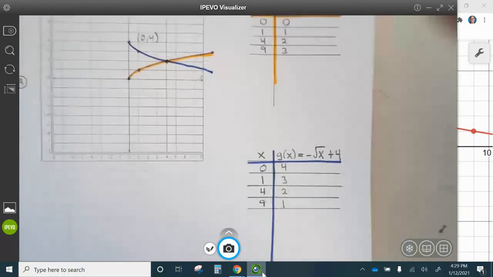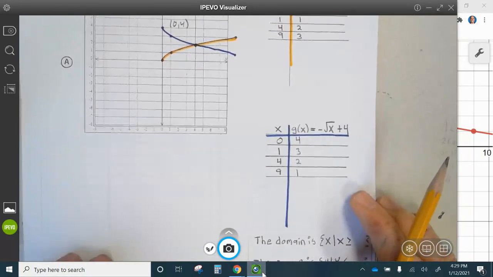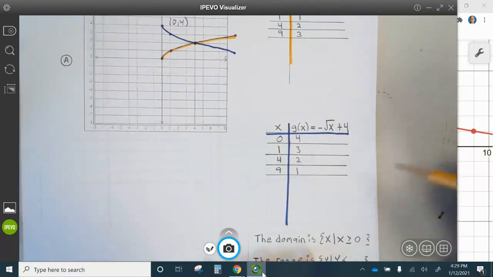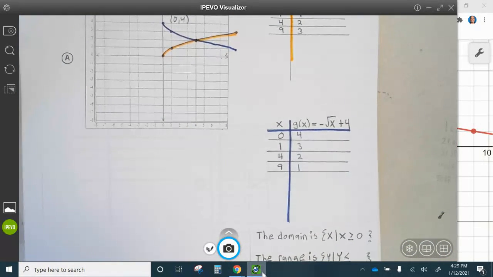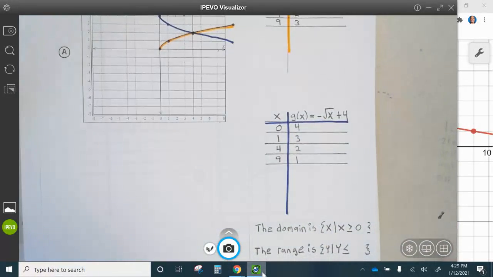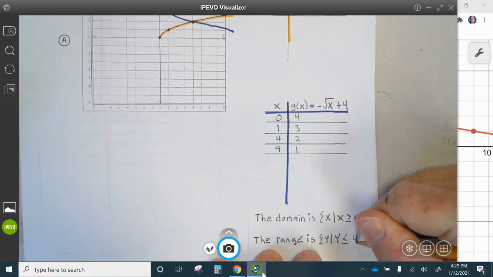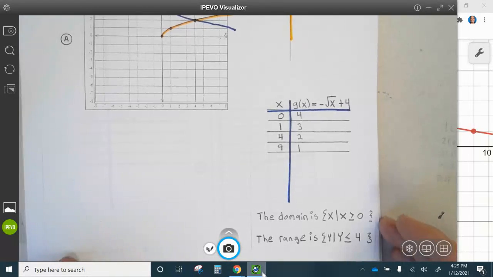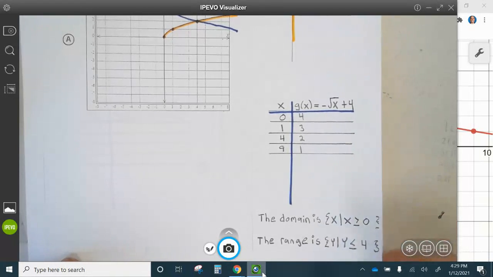I have to zoom out here so you can see them both. The domain would be greater than or equal to 0. And the range would be, since it's going down, less than or equal to 4. We're going to finish up question 10.